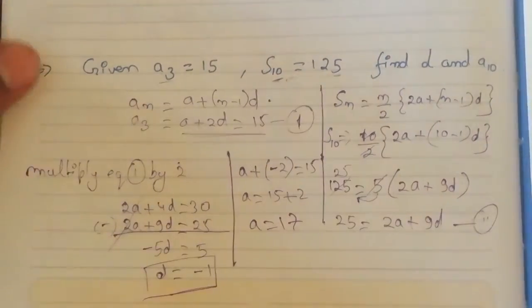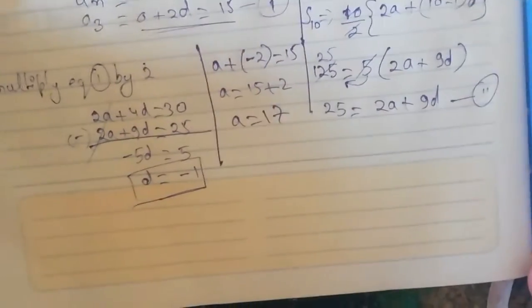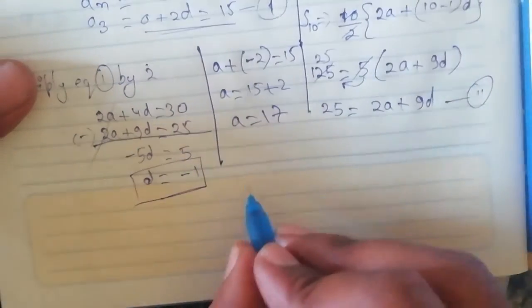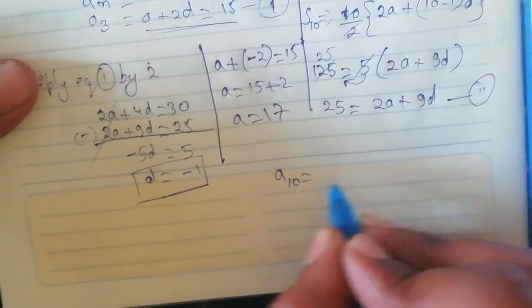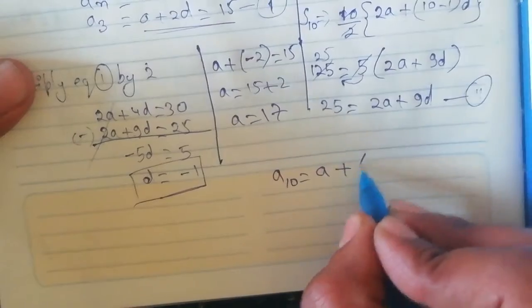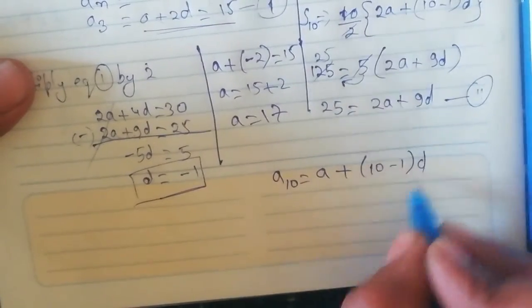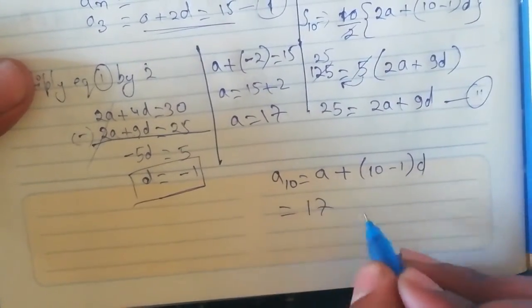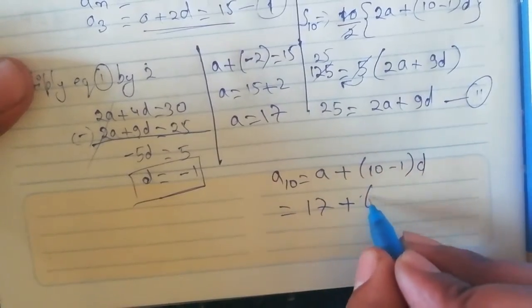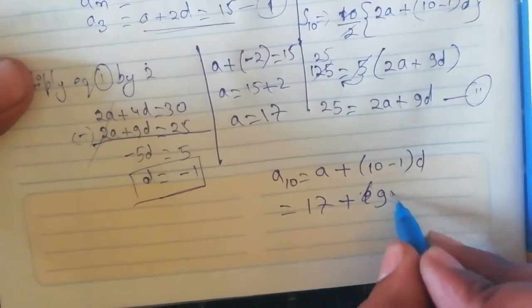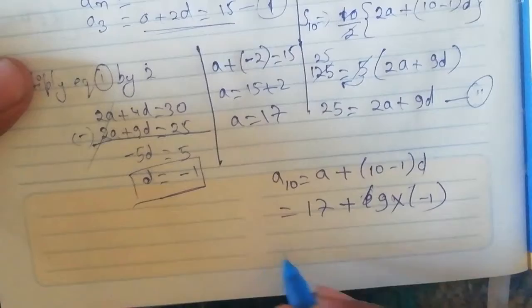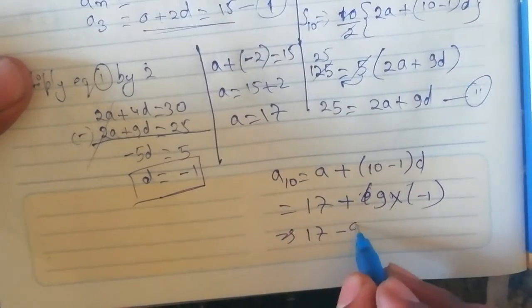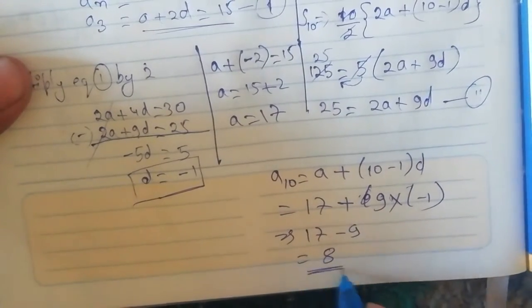We have to find the value of a10. a10 is nothing but a plus 10 minus 1 into d. So here we have the first term as 17 plus, look, 10 minus 1 is 9, into d is minus 1. So from here we have 17 minus 9, means the 10th term is 8.